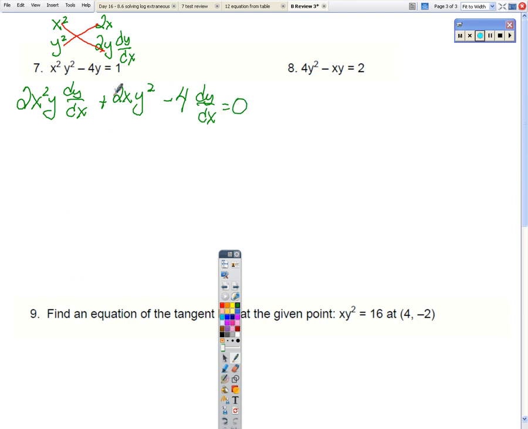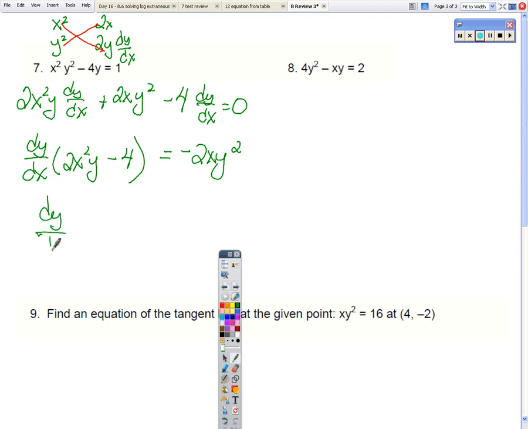Okay, so I'm going to move this term to the left and factor out a dy/dx of what's on the right-hand side, and then divide both sides by this term.